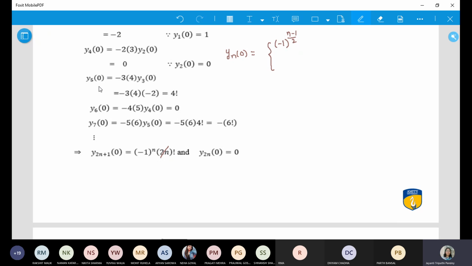When you have n is equal to 3, you are not getting minus sign. When you have y7, you are getting minus sign, and so on. So when you summarize it, you will get like this. And then this is 1 less than n, so factorial n minus 1. Okay? When? If n is odd. And this is 0 if n is even.